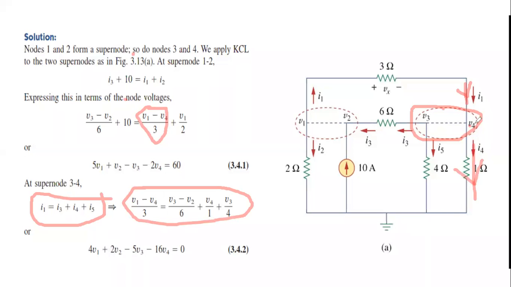It is again flowing from a higher potential to lower potential. Lower potential is 0, so we can write V4 by 1. This is I4, and the last one, I5: V3 by 4 can be written as I5. So I hope this equation is clear.